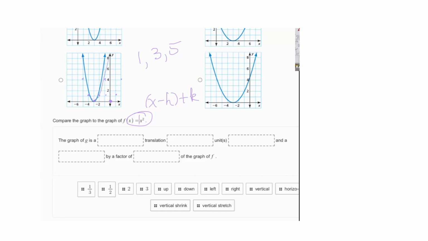Since A equals 2, this blue graph is a little bit narrower than the purple one, narrower than the parent. We call that stretched, so we're going to call that a vertical stretch.